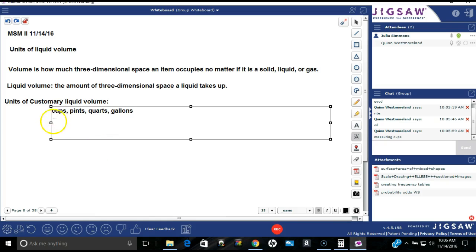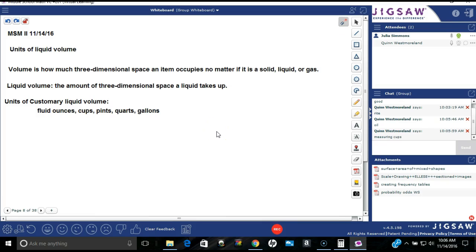And before cups, we have what we call fluid ounces. I purposely put the word fluid in front of it because an ounce is also a measurement of weight, but a fluid ounce is a measurement of liquid volume.